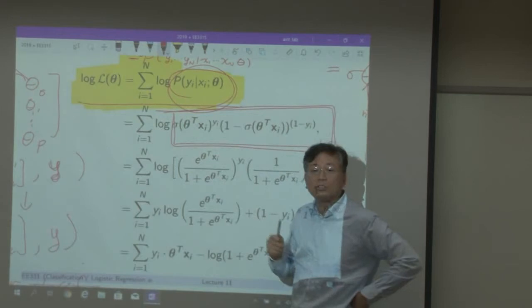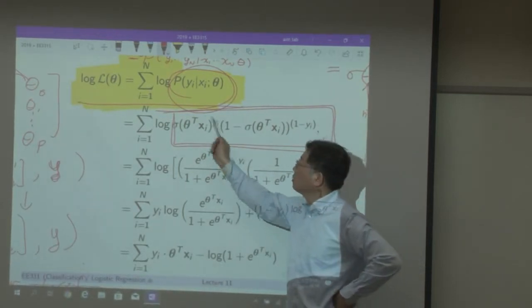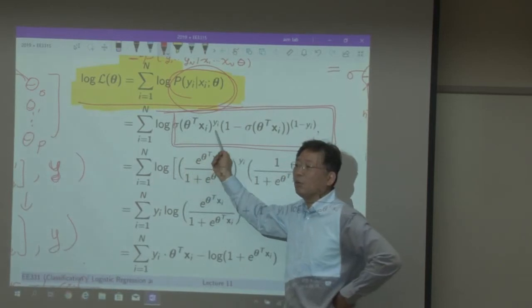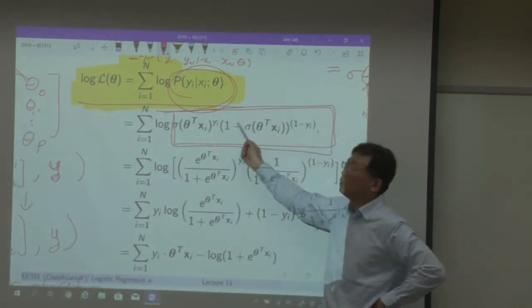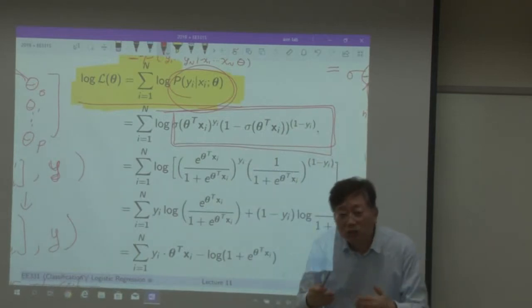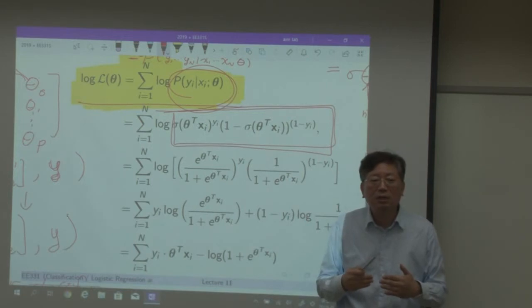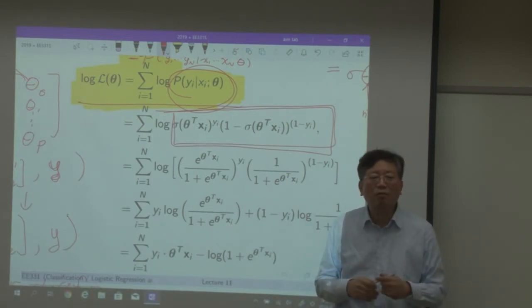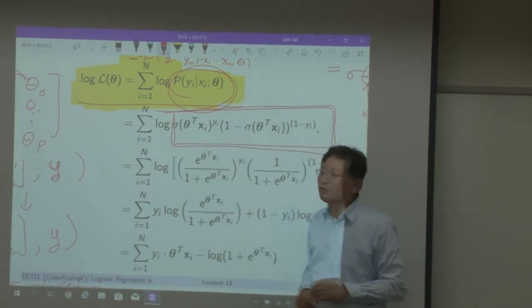When yi equals 0, what happens? This one becomes 1, and this becomes what? 1. It's like a switch, depending on what yi is. On and off, on and off. Oh, it's incredibly good.